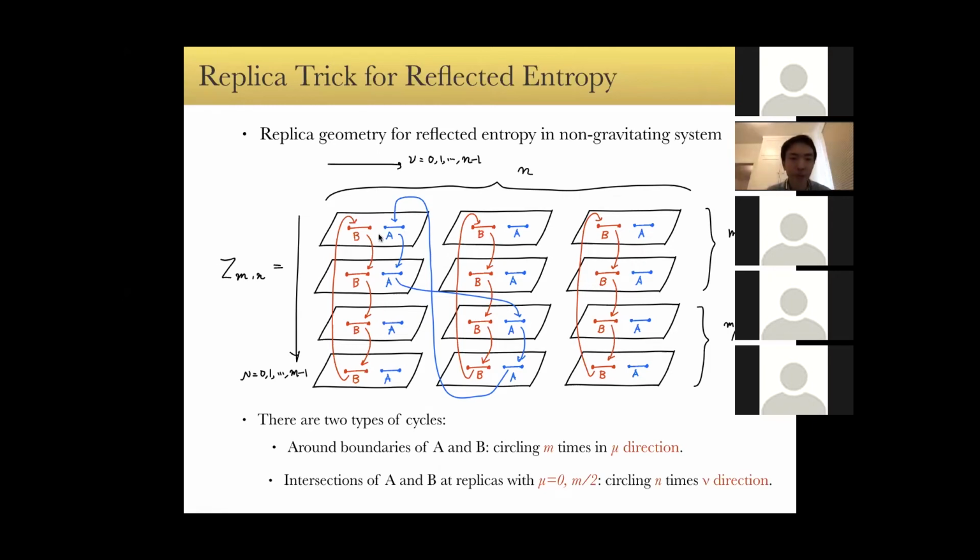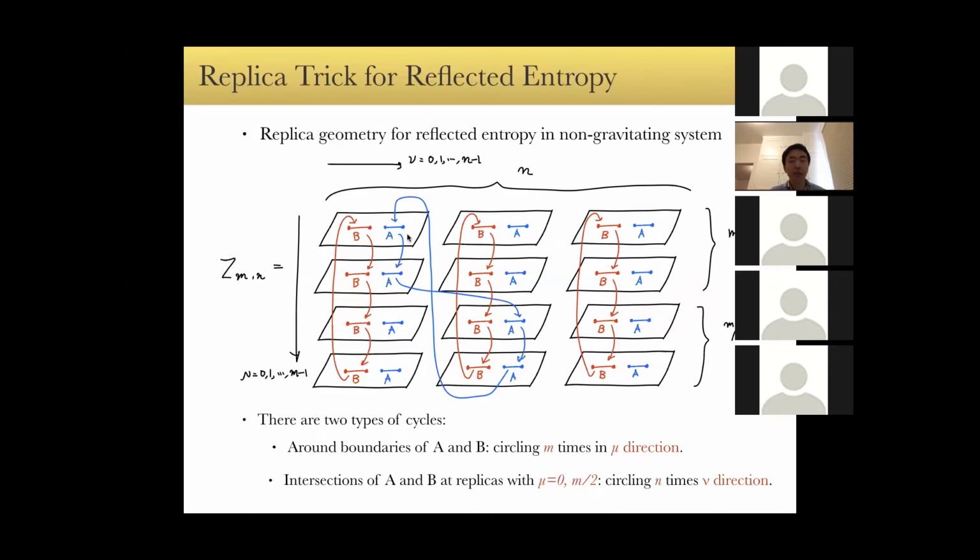In particular, if you go through subregion A and B, it doesn't necessarily end up in the same replica sheet. If you go through B in this replica sheet, then you go to this sheet. But on the other hand, if you go through A, then it goes to this new sheet. So it's a kind of complicated geometry.